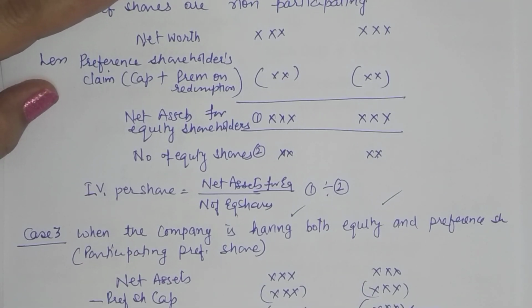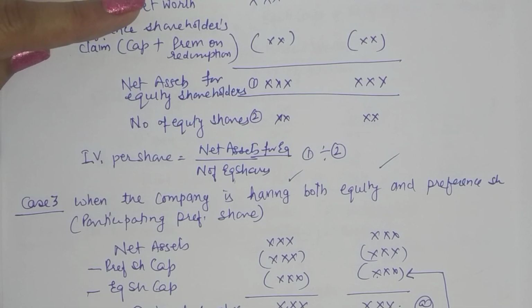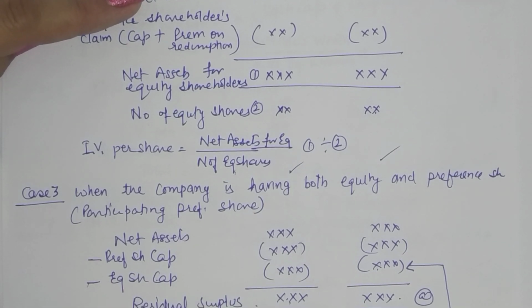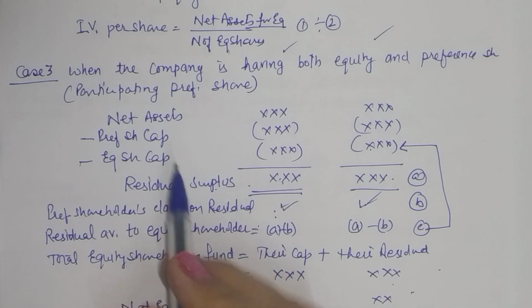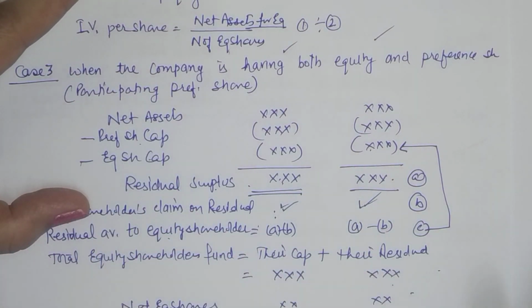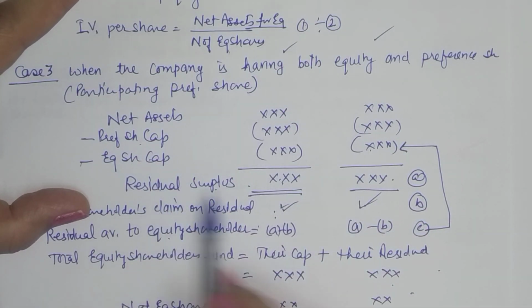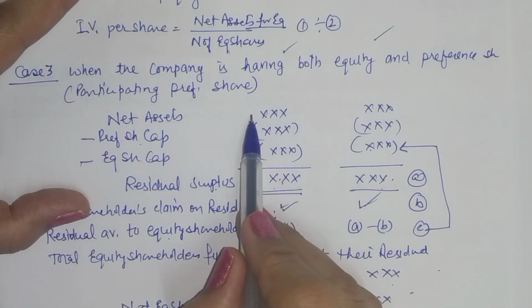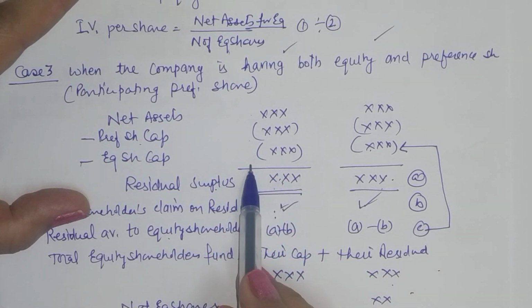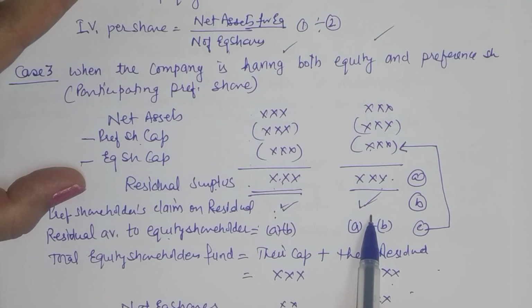However, the third case is when your preference shares are participating in nature, which implies that they will also be having a right over the residual amount. So the amount which is left after paying preference shareholders doesn't belong to equity only. So they will be paid their capital first, then the residual will be calculated. This is total assets minus preference and equity capital. So the preference shareholders have a claim on this, right?